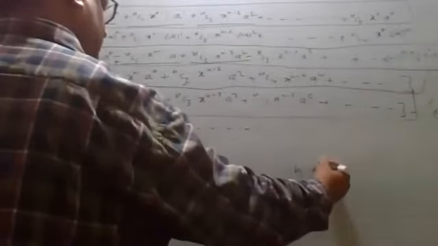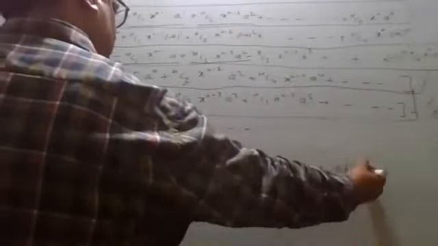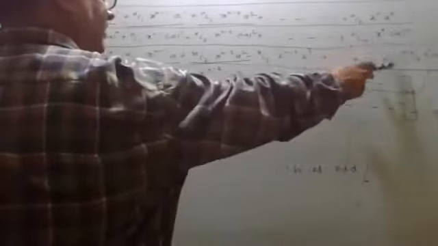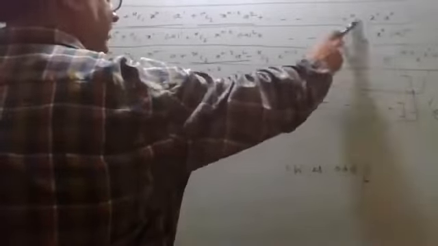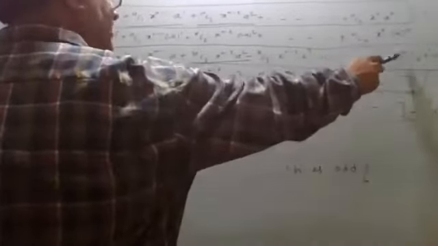So two cases do arise. We already have discussed. What happens if n is odd? If n is odd, then the last term will be negative, because minus 1 to the power n will be negative.